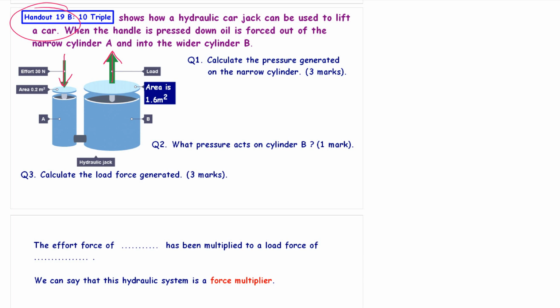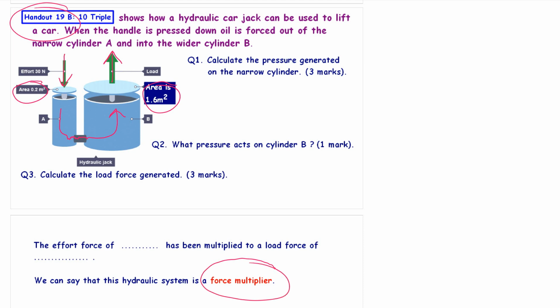So if you place an effort force on a closed system, the pressure remains the same throughout the system, but if you increase the area, then you increase the force. So what we get is a force multiplier.